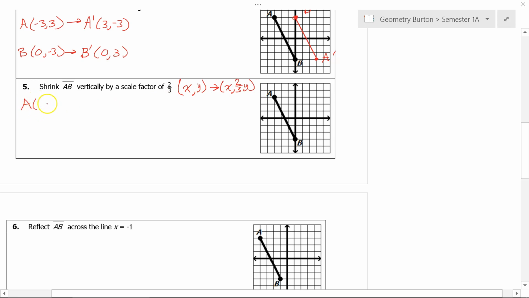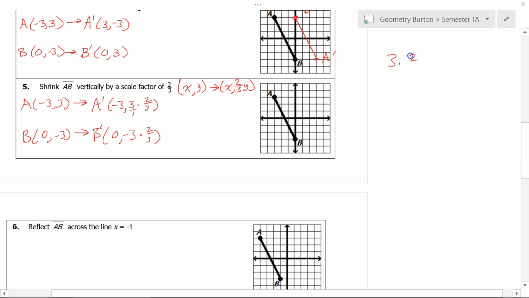So the point A, these two pictures are the same. So I'm still dealing with negative 3 comma 3. And I'm still dealing with 0 comma negative 3. So my A prime is going to be negative 3 comma, and then I'm going to have to do 3 times 2/3. And then my B prime, I'm going to keep that 0, but then I'm going to have to do negative 3 times 2/3. Let me do some calculations off to the side.